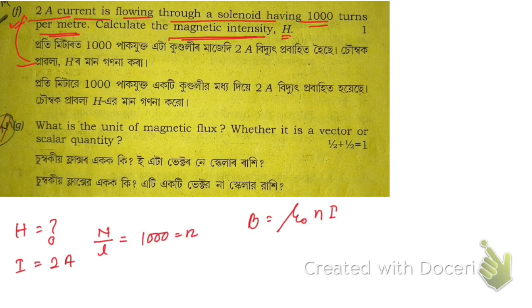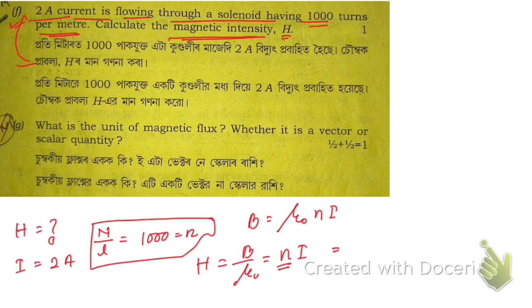And B by mu naught, that is n i, is nothing but the magnetic intensity H. Small n is given, that is 1000, into I, which is 2 ampere. If we multiply, we get 2000 ampere per meter.